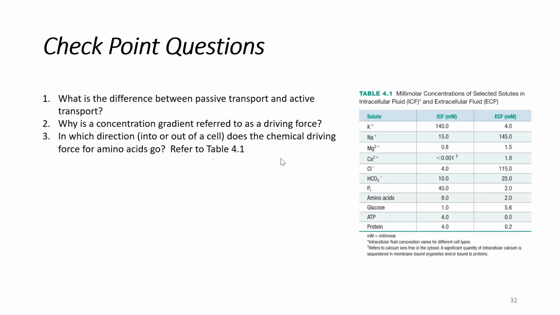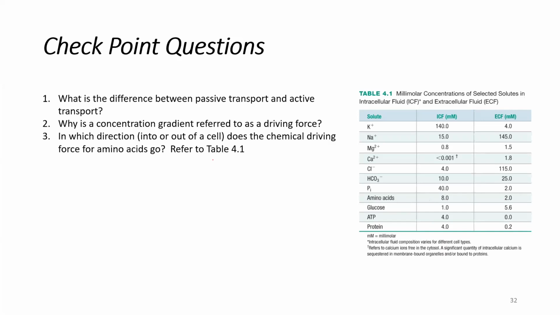Number 3 here, in which direction, into or out of a cell, does the chemical driving force for amino acids go? That's going to require us to look at the table here on the right. Looking specifically at amino acids and their extracellular concentration versus their intracellular concentration, think about what direction the chemical driving force would encourage amino acids to move.